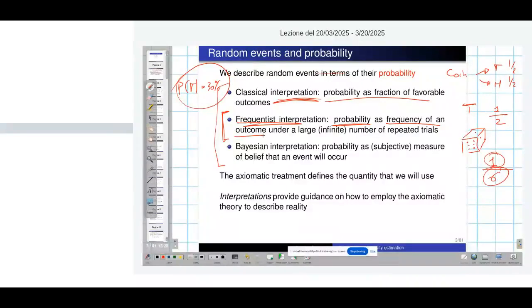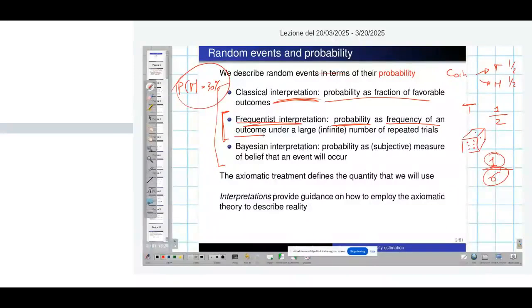So when I say the probability of getting tail is 30%, it means that if I toss the coin several times, a fraction of 0.3 of the times, I will observe a tail.